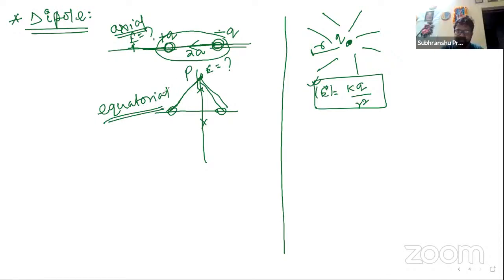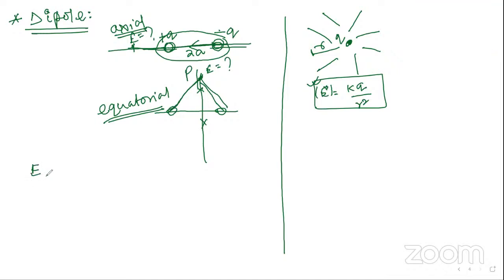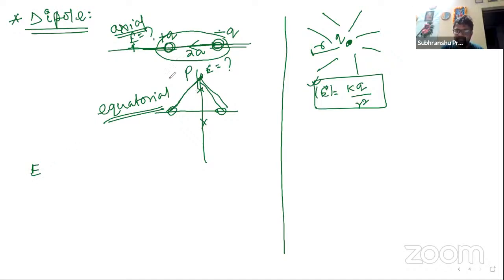What is the meaning of the equatorial case? How is the first diagram, axial and equatorial, different from each other? Axial is on the axis. Suppose two charges are there. This is the axis of the dipole.